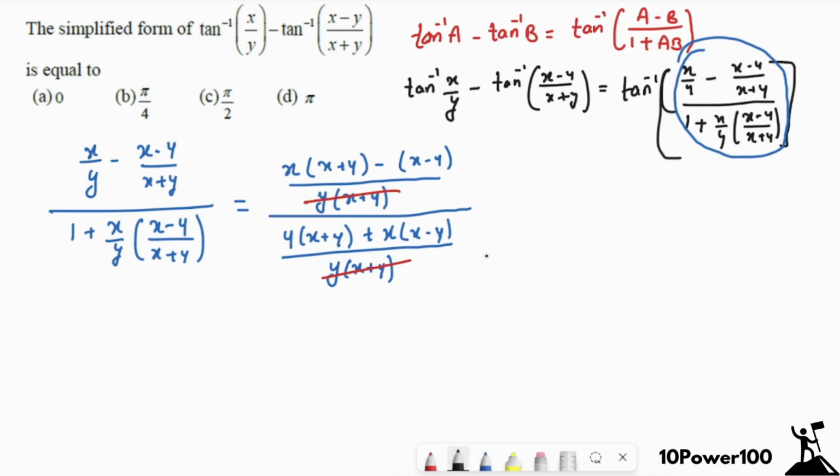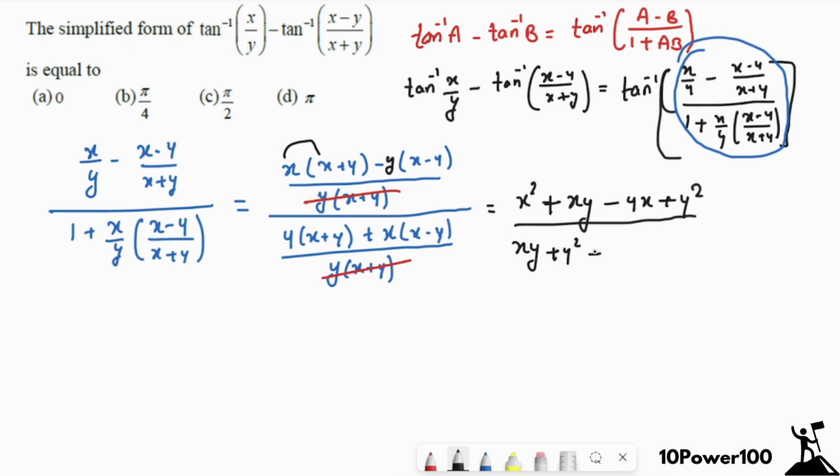The final term which is left out is, so x into x is x square plus xy minus, something I missed here, I guess. Yeah, it's y into x, minus yx plus y square, and the denominator, multiply x into y is xy plus y square plus x square minus xy.